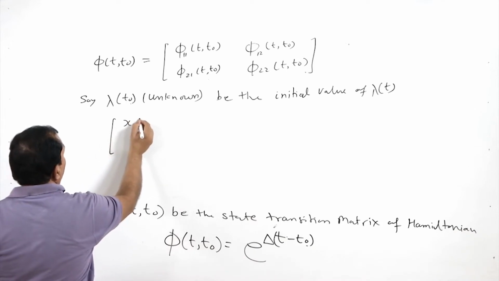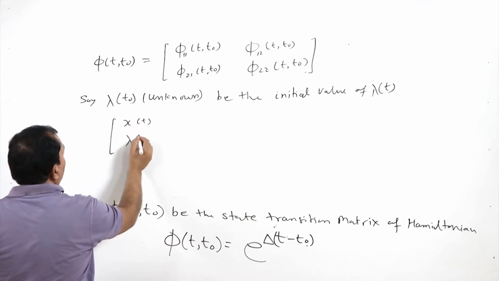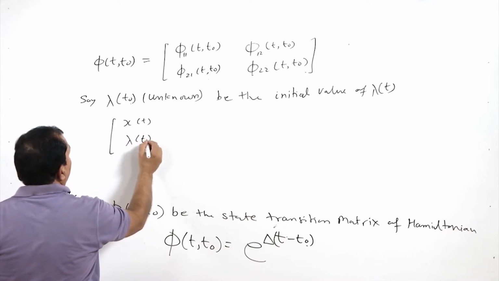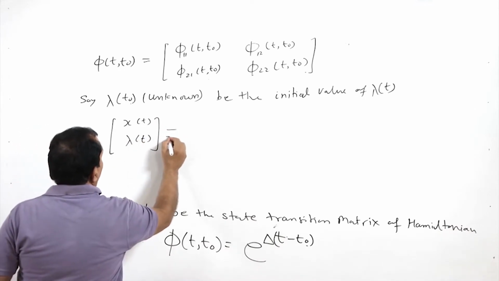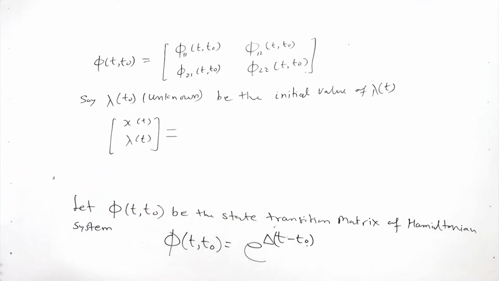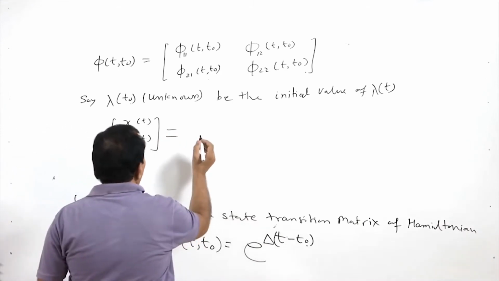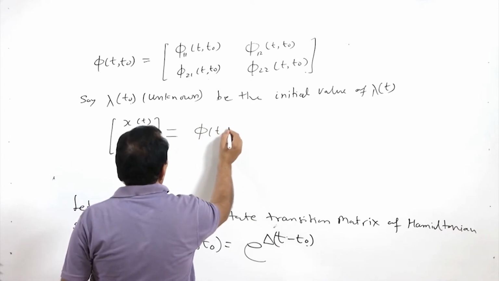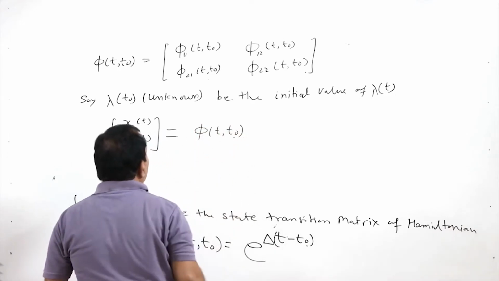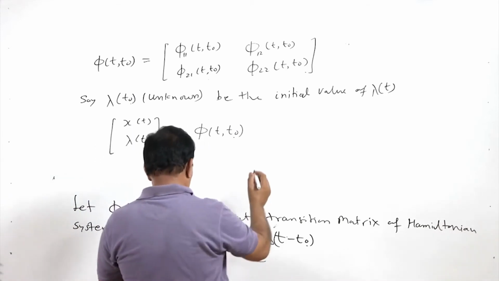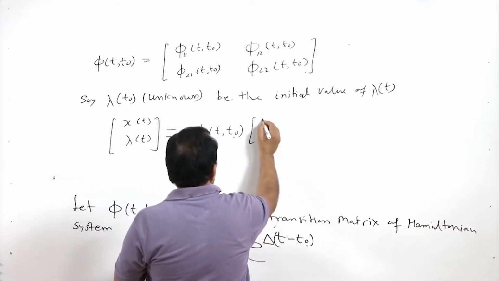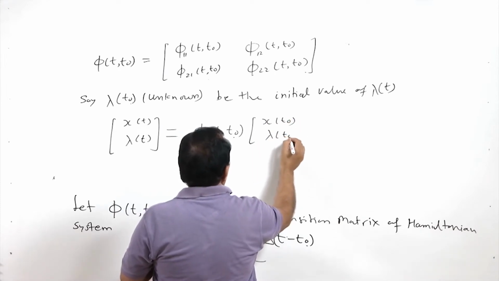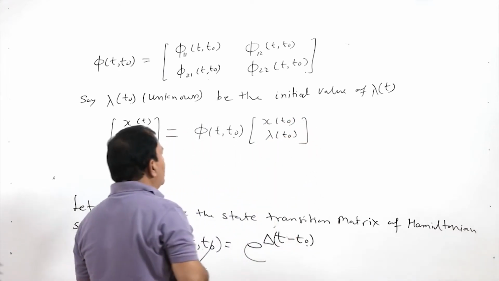What will be my x(t) and lambda(t)? From linear control theory, this is nothing but phi(t, t0) times x(t0), lambda(t0).